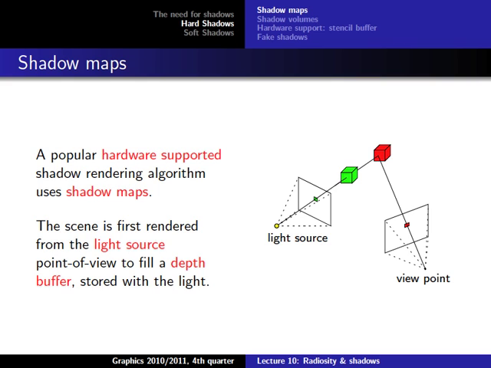And the idea of shadow maps is basically that you have a light source and you have a viewpoint, and you want to know where the shadows are. What you do is you treat the light source as another viewpoint. If our viewpoint is E, then let's call the light source another viewpoint, E dash. Then you model the scene in the same way as if you would draw it projected towards the light source, towards this new viewing vector.